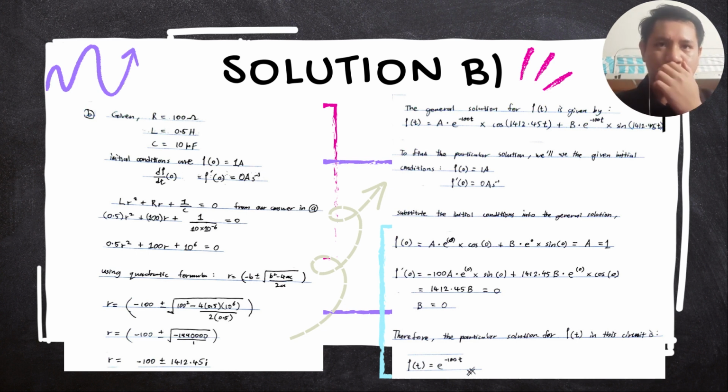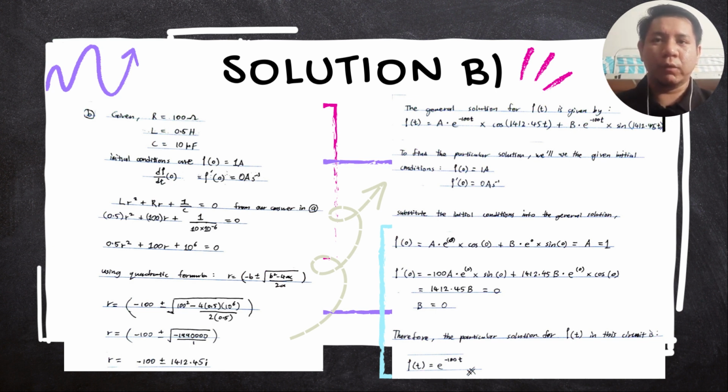To find the particular solution, we'll use the given initial conditions, which are I(0) equals 1 A and I prime 0 equals 0 A per second. Substituting the initial condition into the general solution, we get A times e^0 times cos 0 plus B times e^0 times sin 0 equals A equals 1.